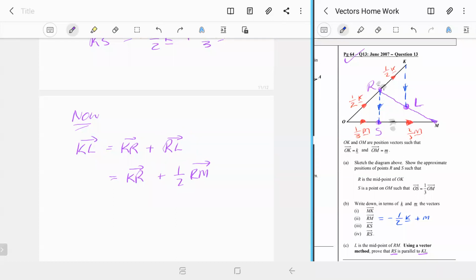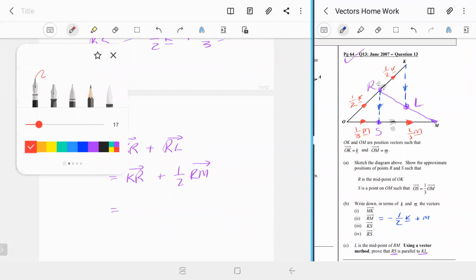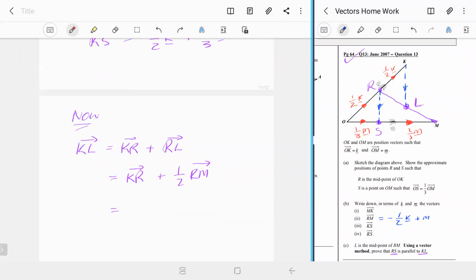Good? Let's put in the values now. What is KR equal to? Negative half K. Let's write it here as well: RM is minus half K plus M. The RM is equal to this, right?